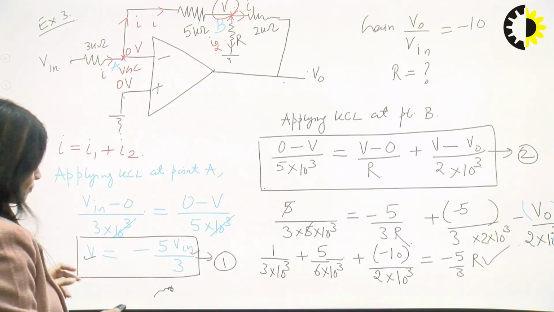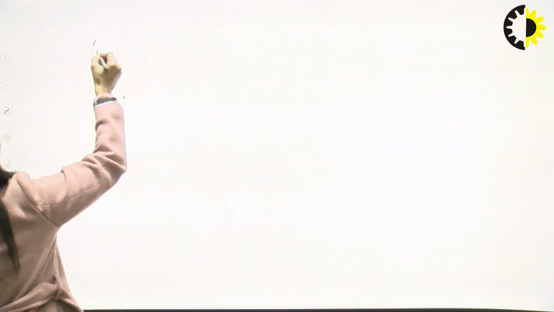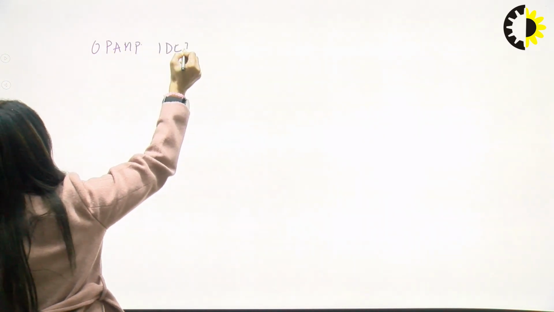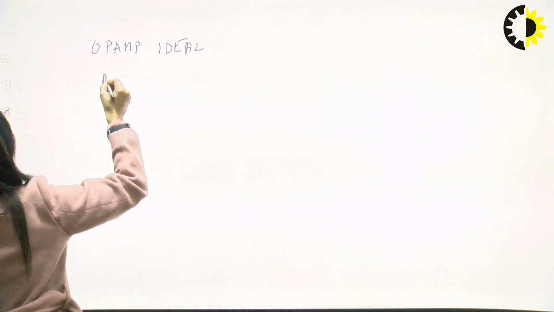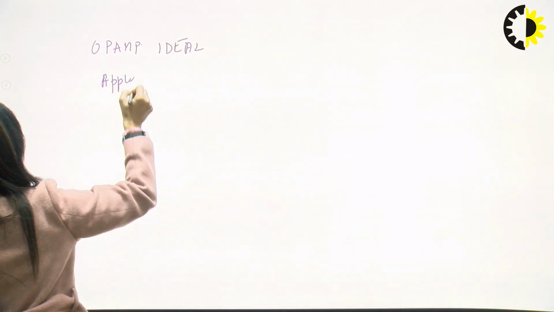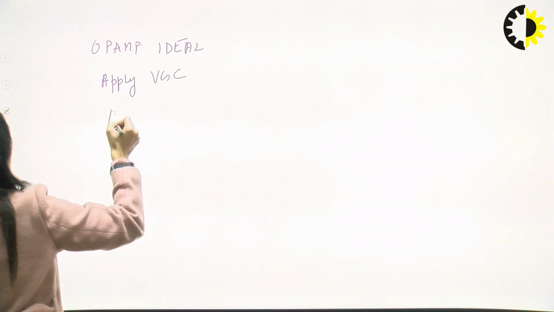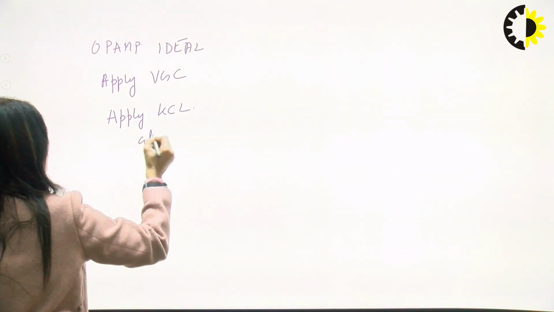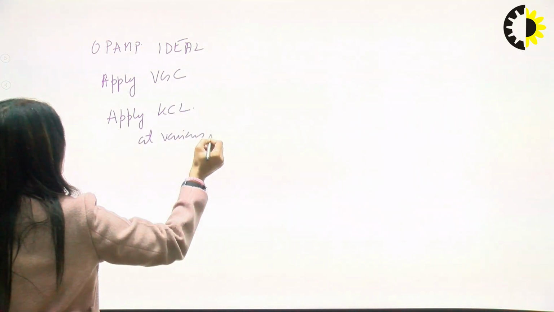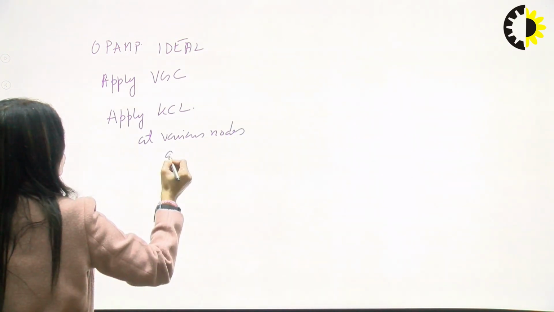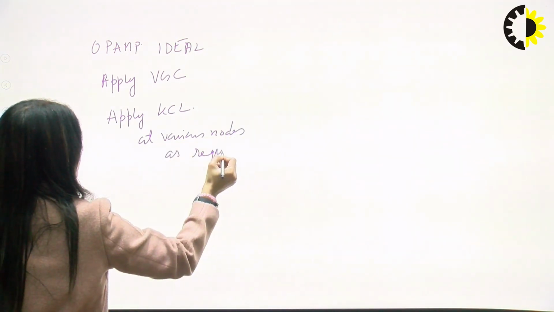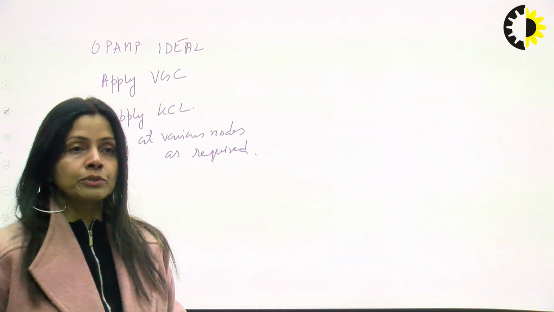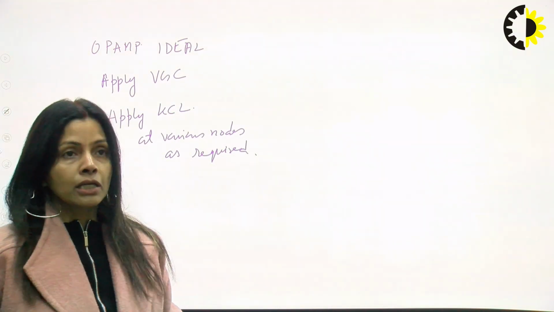Here you have to keep in mind that the Opamp should be ideal, and apply VGC, the virtual ground concept, and then apply KCL at various nodes as required. Make equations and solve. By using 3 simple steps, you can get the answer of any Opamp numericals.